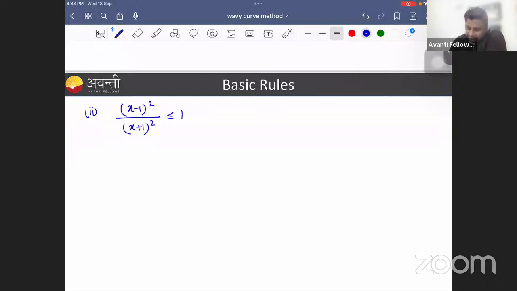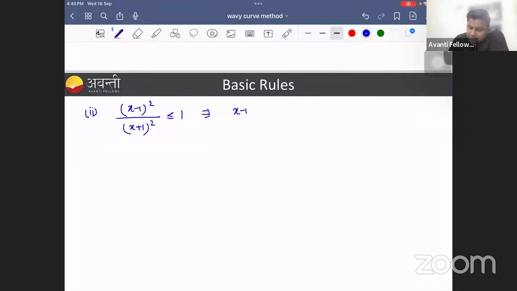Now again, same thing. See, in this particular case, you can do cross multiplication. Why were we avoiding cross multiplication? Because we were not sure about the denominator if it is positive or negative. But here, since the denominator is a perfect square, I know it is always positive. Yes or no? So in this particular case, you can do cross multiplication.